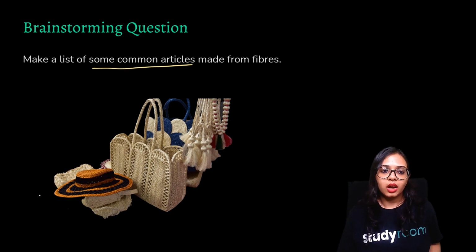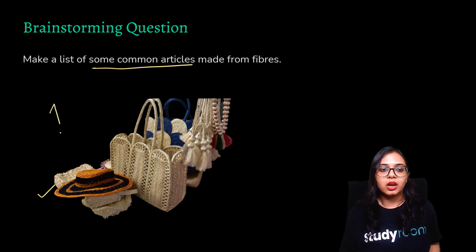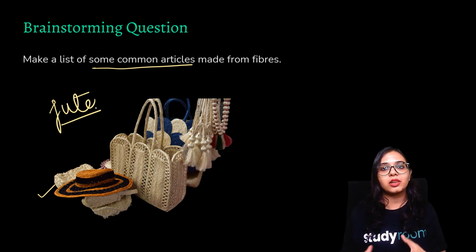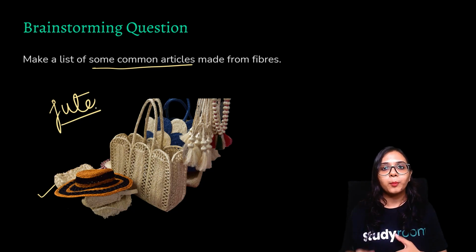You may say that this is a hat made of jute. But how is jute obtained? Jute is also a fiber. Jute is obtained by collecting lots of fibers and processing them into the proper pattern, from which we get that material out of which we can make this hat or this bag over here. There is another bag over here.